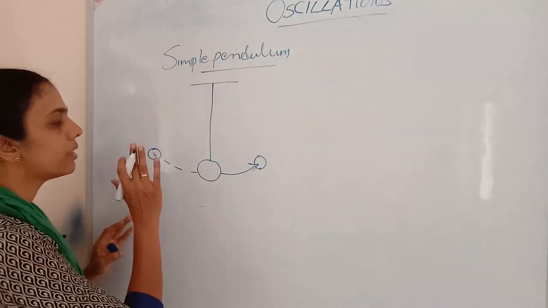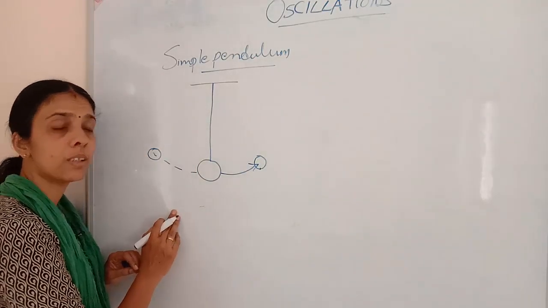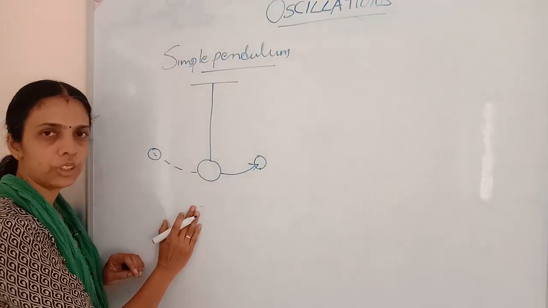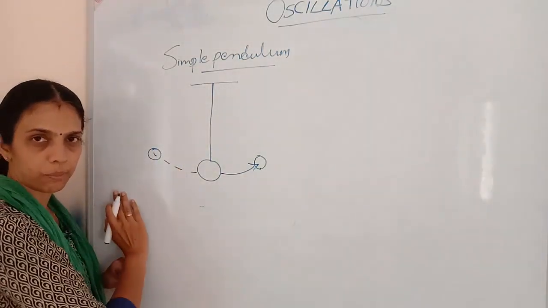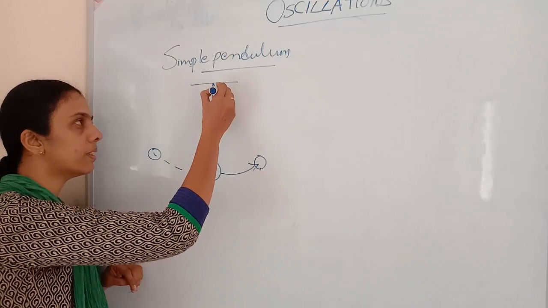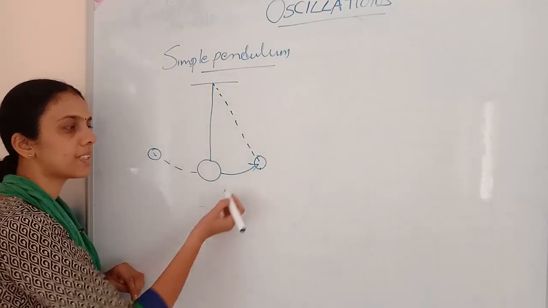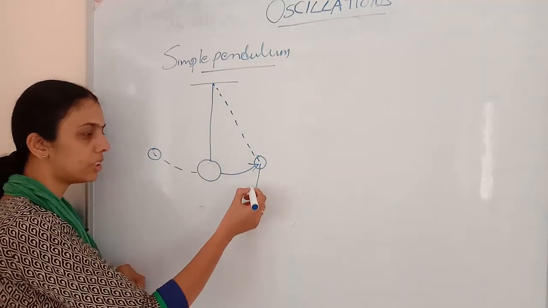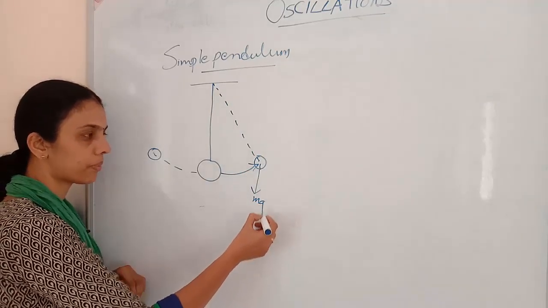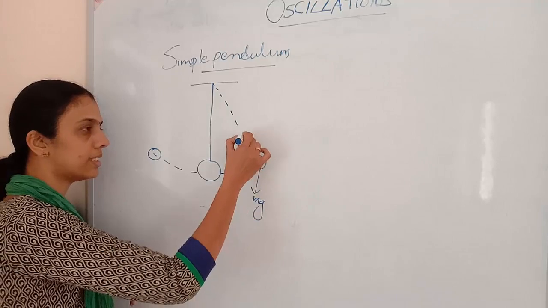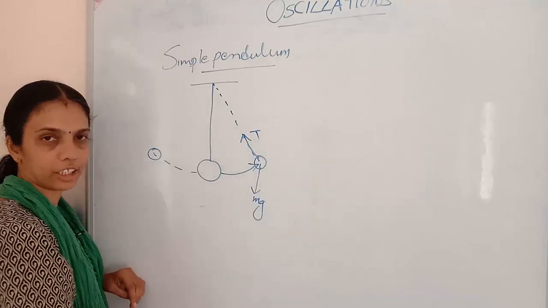Here we are going to consider simple harmonic motion in a simple pendulum. Here this is the string. What are the forces acting on it? Here mg will be acting downwards, and T, tension, will be acting in this direction.